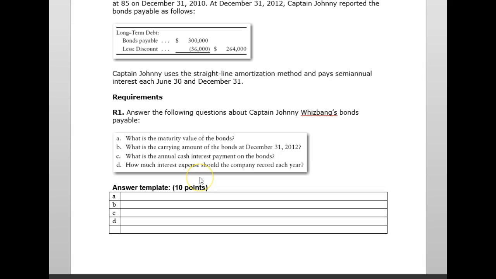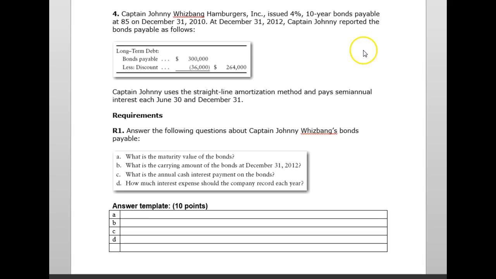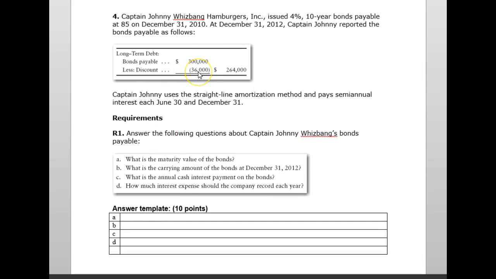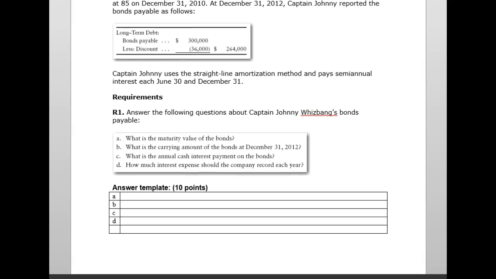And then how much interest expense should the company record each year? Now, this is a little bit tricky because you're looking at the discount at 36,000. There are actually 8 years left in the bond, so you divide that 36,000 by 8 to come up with the amortization per year.